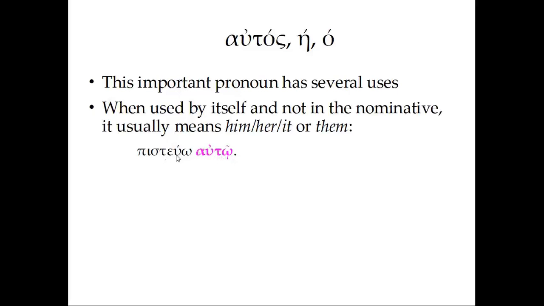It's in the dative because the object of our verb pisteuo, I believe, I trust, takes the dative. This means I believe him. I believe him. It's used by itself, this form of autos, and it's not in the nominative. It's going to mean something like him, her, it, or them.